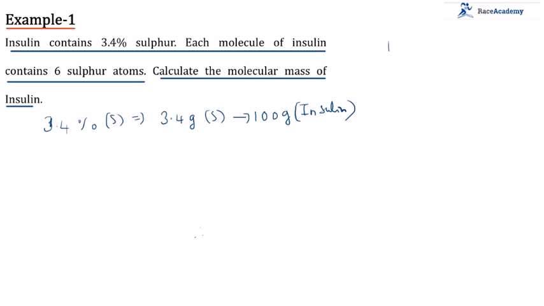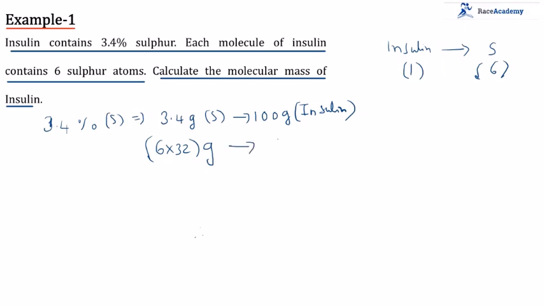When insulin is one molecule, then how many sulfur atoms are there? 6 atoms are there. 1 mole of insulin contains 6 moles of sulfur. So it is very clear that 6 into the atomic mass of sulfur, 32, is the mass of sulfur present in 1 mole of insulin.